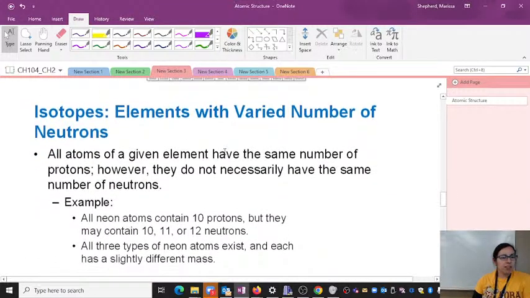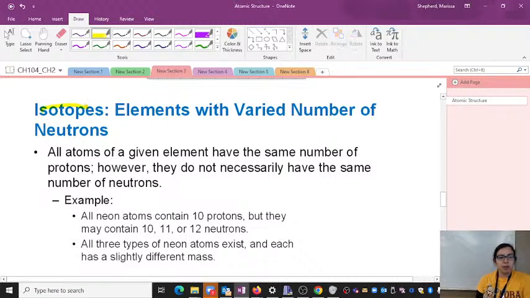All right, so now let's look at, what are isotopes? We just mentioned them. And so isotopes are elements with varied numbers of neutrons. And so, right, we had just finished saying the identity of our atom depends on our protons.